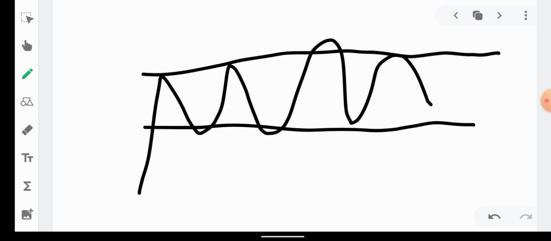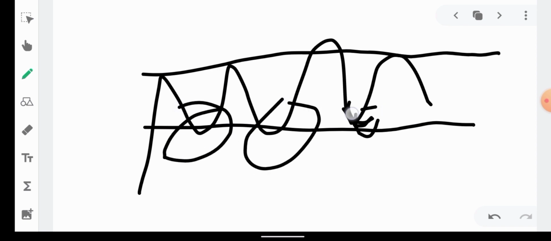When the market makes 2 to 3 touches on the trend line, we can confirm that the market is in consolidation. So we either trade the consolidation or we trade the breakout. You can see the first touch, second touch, third touch here.